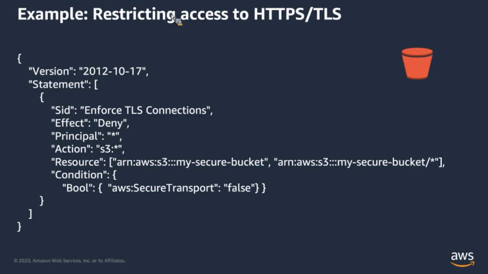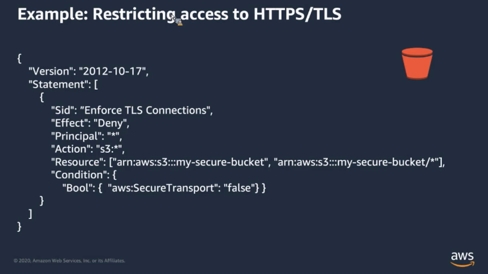So as promised, here is the example of a bucket policy to restrict access to only HTTPS and TLS. So let's go through it. We have a version again, the same date as always, and then our statement. We have a SID of EnforceTLSConnections, Effect Deny, Principal star, Action S3 star, Resource mySecureBucket and mySecureBucket/star.